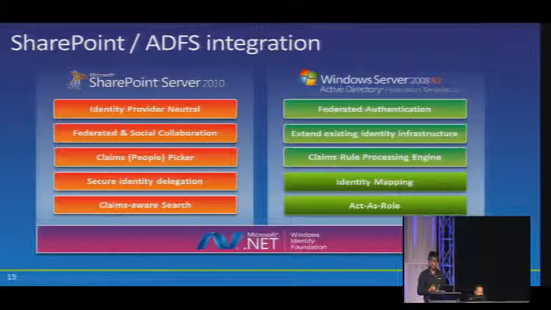There's a claims rule processing engine built into the ADFS 2.0 environment. It enables IT administrators and developers to effectively manage identity information, what's being passed to SharePoint, or what's coming in through other providers. I'll show you a little walkthrough of how to do that and how it's relevant.